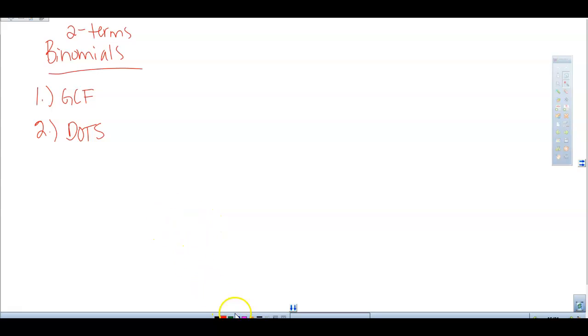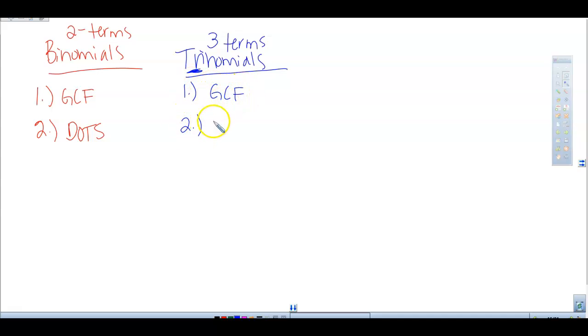And then for the trinomials, we spent 3 days on trinomials. We did Thursday, Friday, and Monday. The prefix tri tells you you have 3 terms. So the same steps. First, you want to check for a GCF.